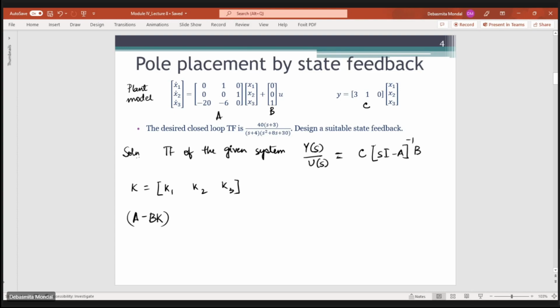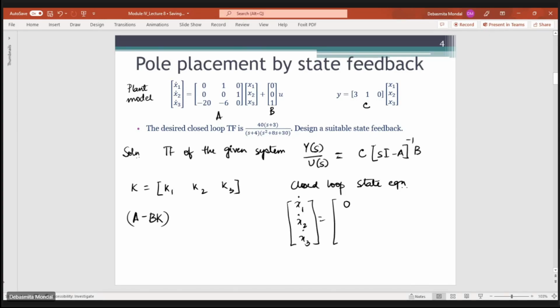Okay, so from this closed loop transfer function, similarly to the previous example, in a similar way, you can write down the closed loop state equation from the given transfer function. The closed loop state equation will look like x1 dot, x2 dot, x3 dot.